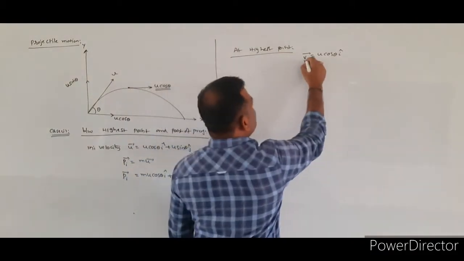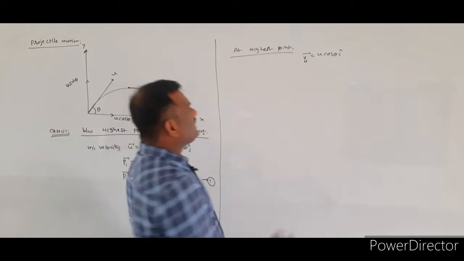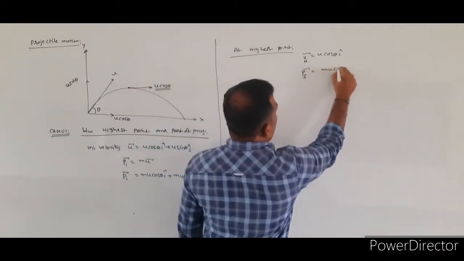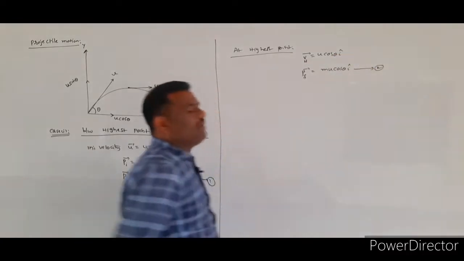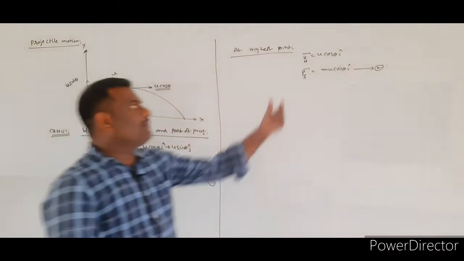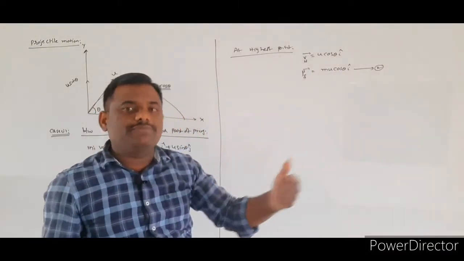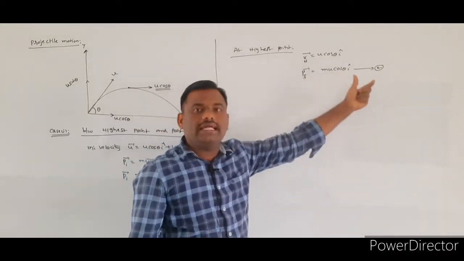Therefore, the final momentum is mu cos theta i cap. This is equation number 2. Final momentum is mass into velocity, so the final momentum is mu cos theta i cap.